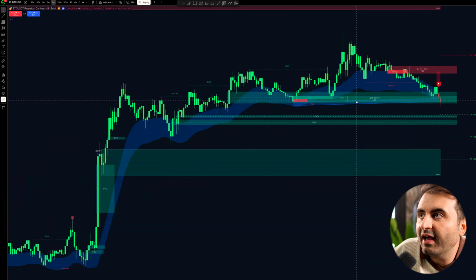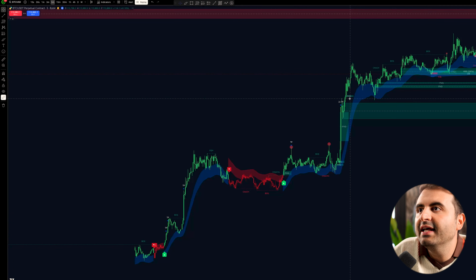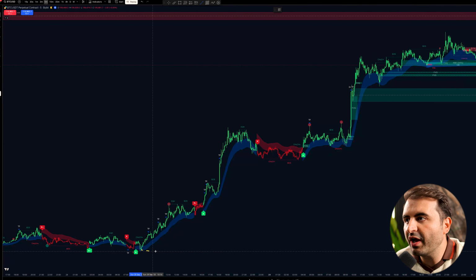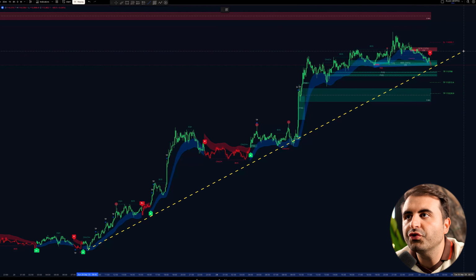What price is doing, and it's quite simple. It's not a complicated thing. All you need to do is just use your scroll and zoom out and see the bigger picture, what the market is doing, right? So we are basically in a bullish trend here. What we are waiting for is a pullback or any reversal that we can take benefit of.